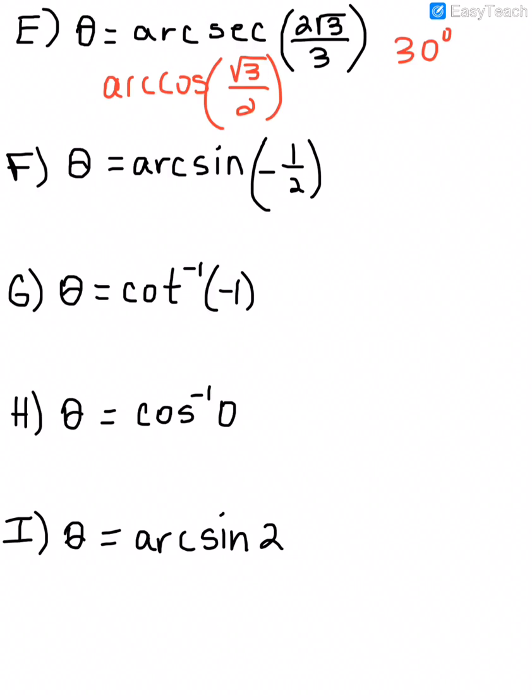We do negative 45 degrees, negative 30 degrees, negative 60 degrees, like that. So the angle whose sine is negative 1/2 in that fourth quadrant would be negative 30 degrees.